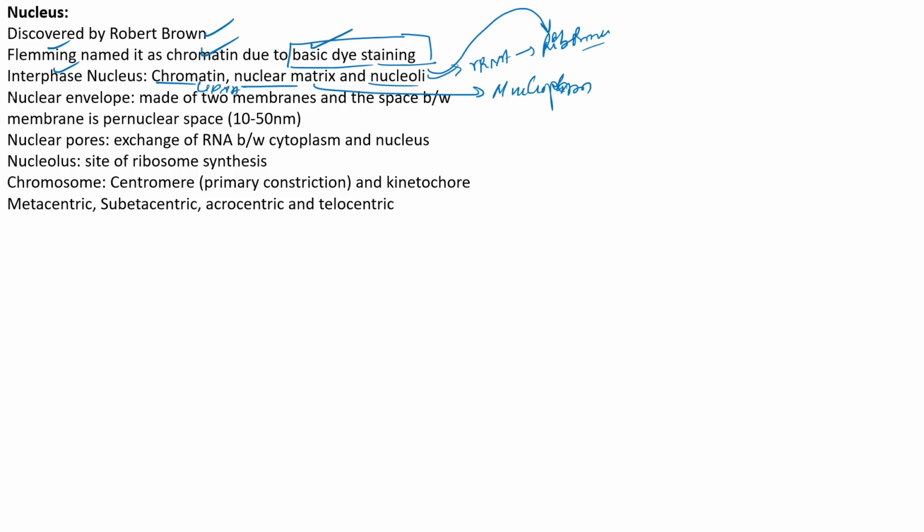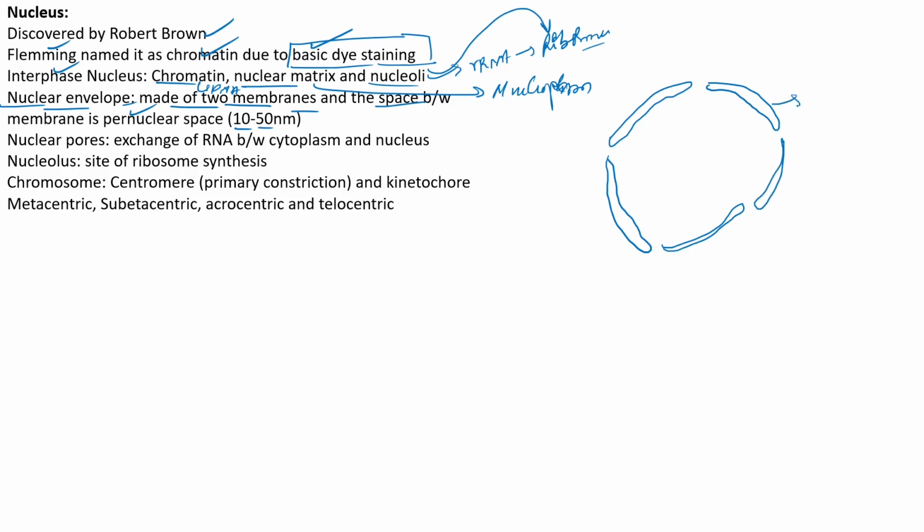So the next one we are having is the nuclear envelope. It is made up of 2 membranes. So apart from mitochondria and chloroplast, another structure in the cell that is made up of 2 membranes is the nuclear envelope, and the space between the 2 membranes is called the perinuclear space, and generally it is 10 to 50 nanometers. So if you have to draw the nuclear envelope, this is how you draw, right?